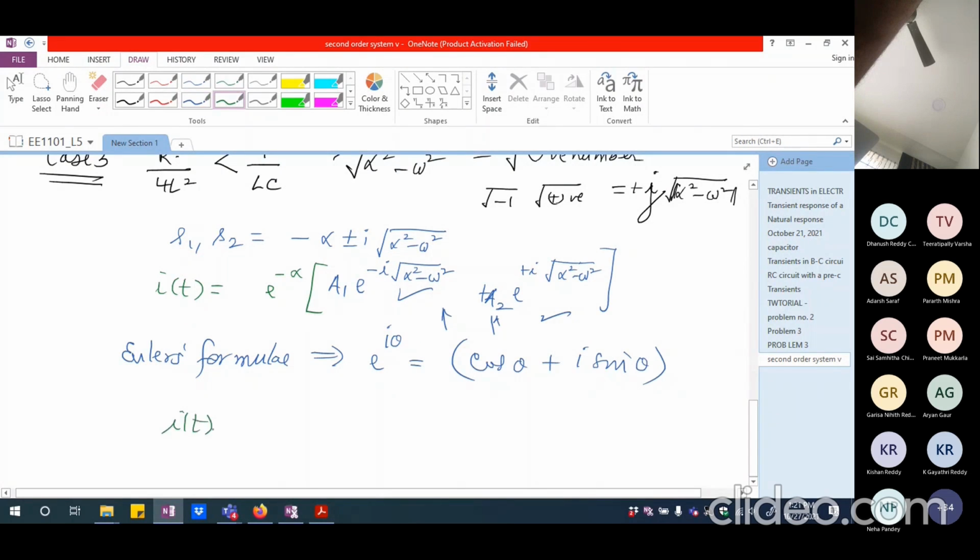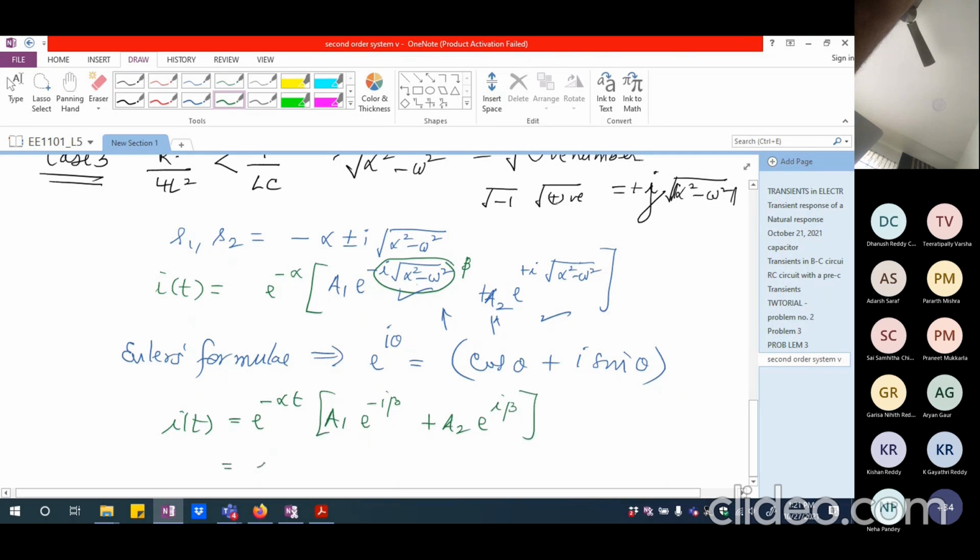I of t equal to e power minus alpha t, of course, and then I'm going to have a1. Let us say I call this entire quantity, square root of alpha square minus omega square, as some beta. So I'm going to have e power minus j beta t, and plus a2 times e power plus j beta t.